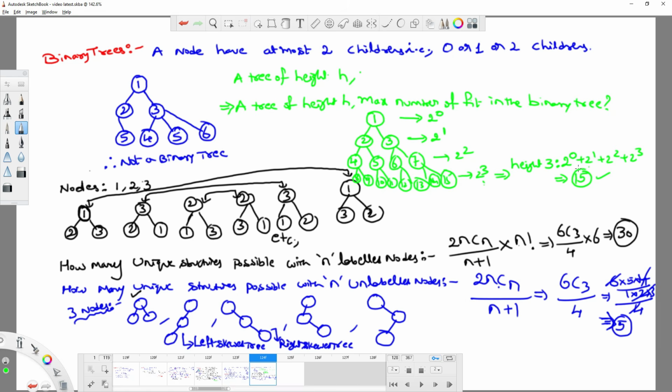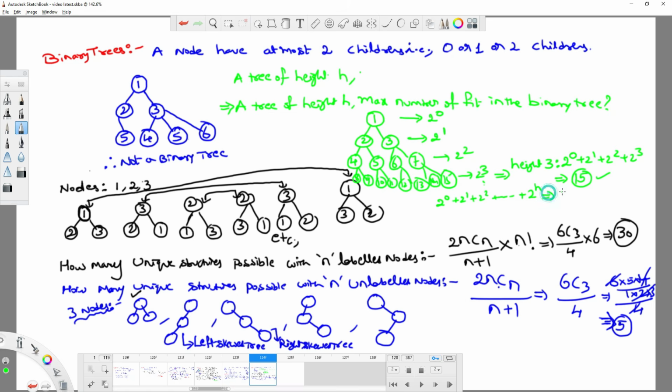Right? You have to calculate this one. So how are they available here? If it is a height h, can I write something like this? 2 power 0, 2 power 1, 2 square and so on, 2 power h. For height 3, which is 2 cube. For height h, which is 2 power h. Right?